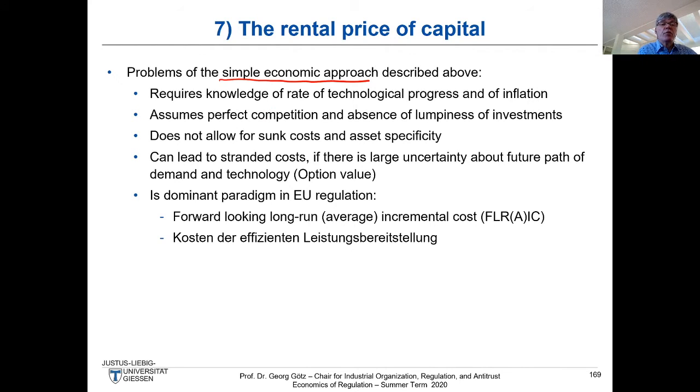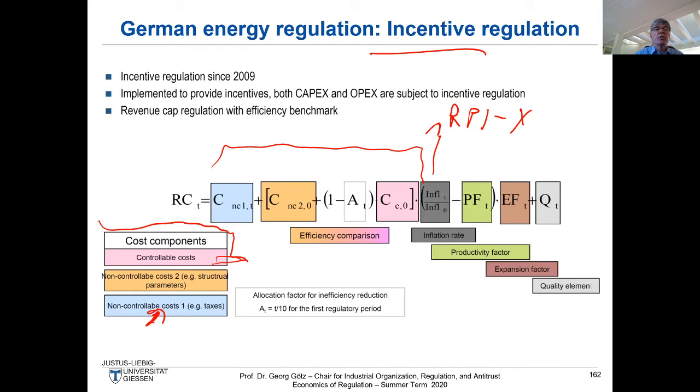The regulator, for instance, has to know the rate of technological progress, which is rather hard. Inflation will not be so hard. Remember, and I just want to jump back here, the rate of technological progress also enters the German regulators' incentive formula with this productivity factor.